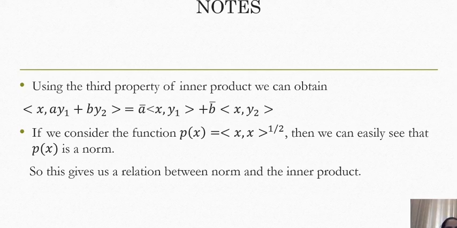Let us see how we can formulate that. It is pretty simple. What do we have to show? We have to show what inner product (x, a y1 + b y2) actually is.